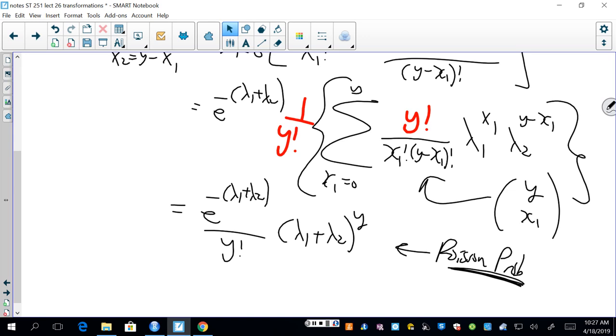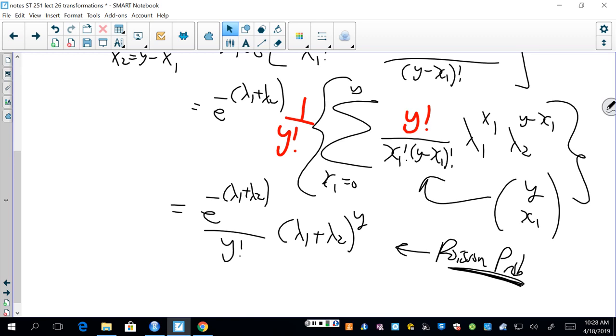All together you get 2 to the y possible terms. The number of ways that you can pick x1 of these terms that are multiplied together to give you a lambda 1 is y choose x1. And that was this binomial expansion, binomial coefficients from a while ago.